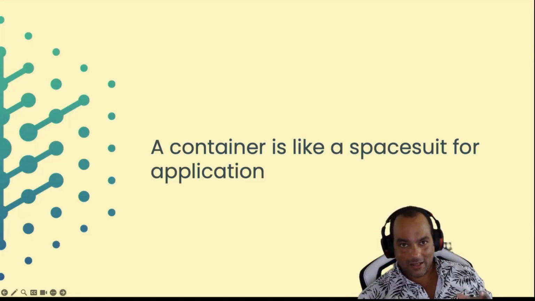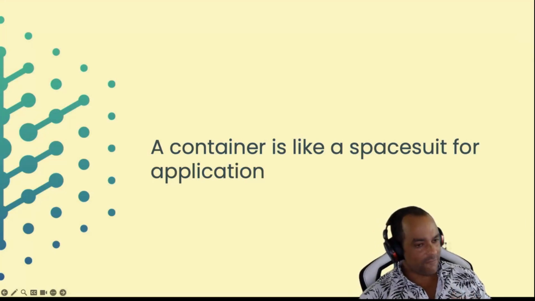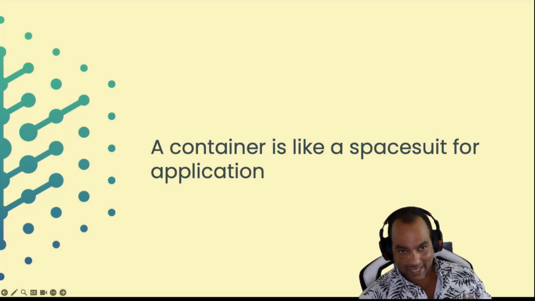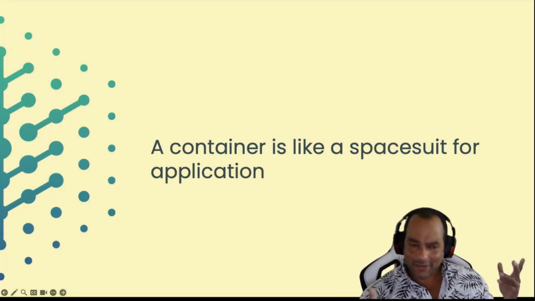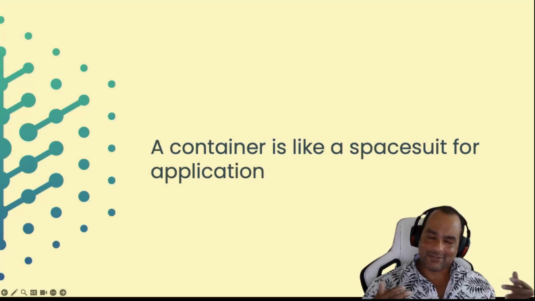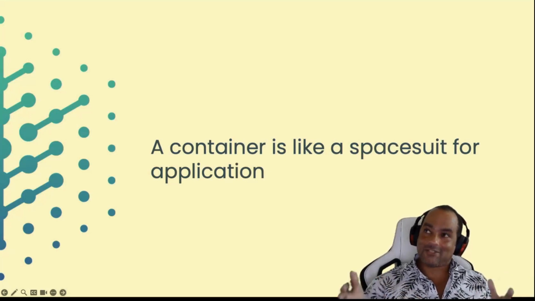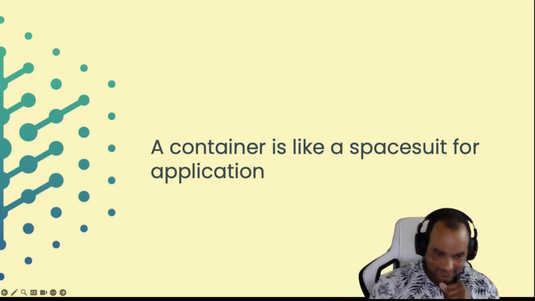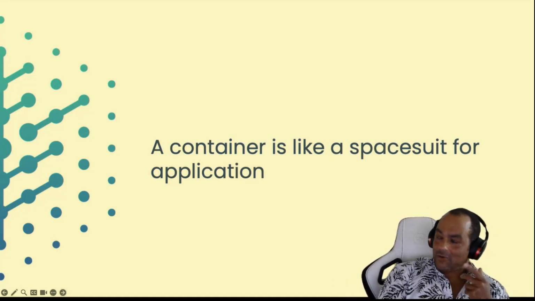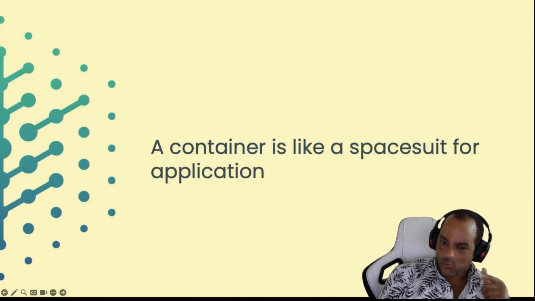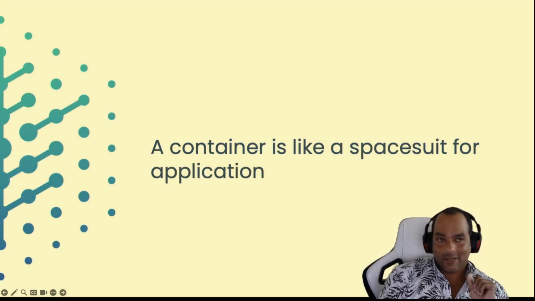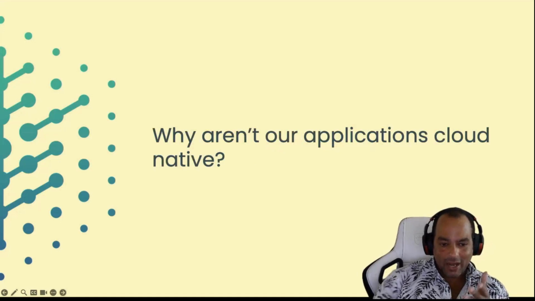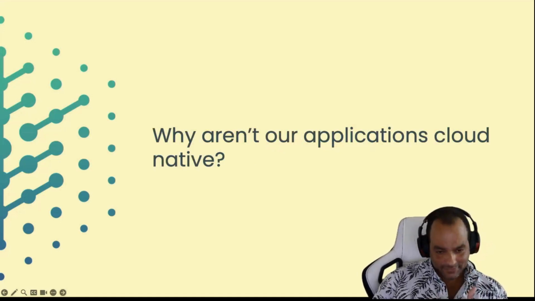An application in itself in its raw form would not do well in the cloud, and that's why we have containers. So in that sense, is a container cloud native? Well, kind of, the outside is and the inside isn't. So if we follow that reasoning, and if we need a spacesuit, why wouldn't our application do well in the cloud? Why aren't we cloud native?